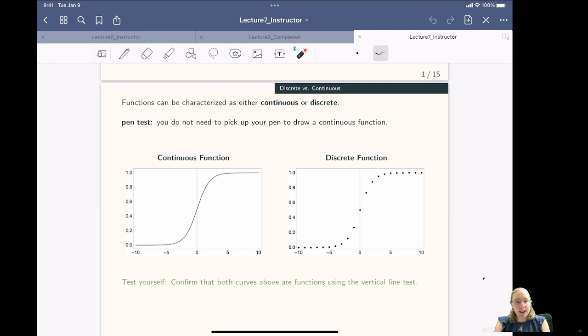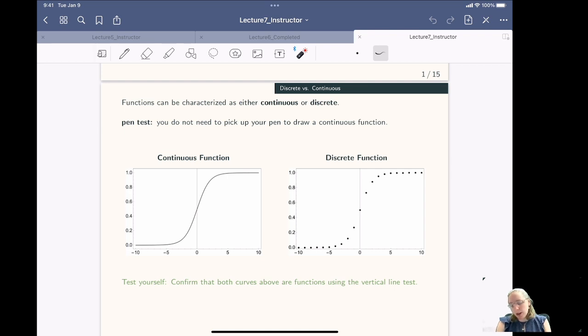In contrast, a discrete function is a function that has a domain that doesn't include all points. So a very common version of this is where the domain is the integers or the positive integers. So for example, this discrete version of the sigmoidal curves has the domain of the integers. So we can only plot points.